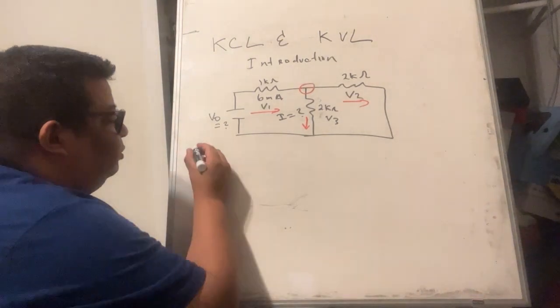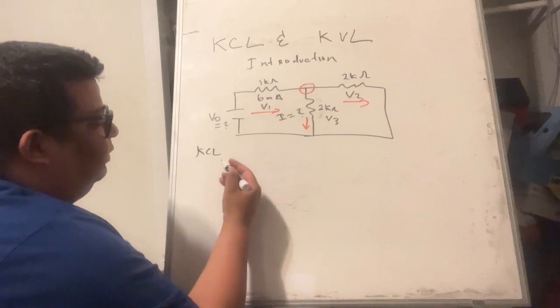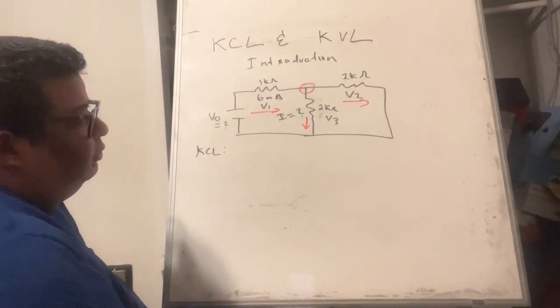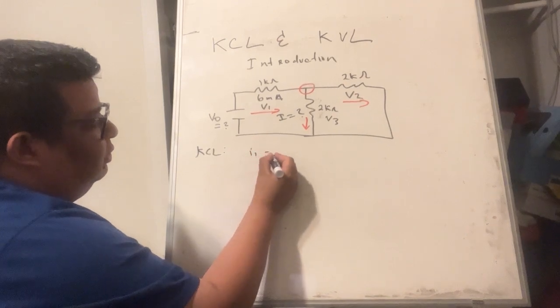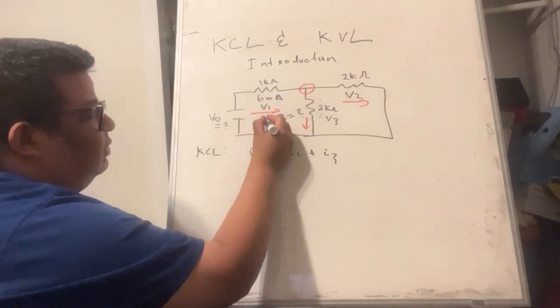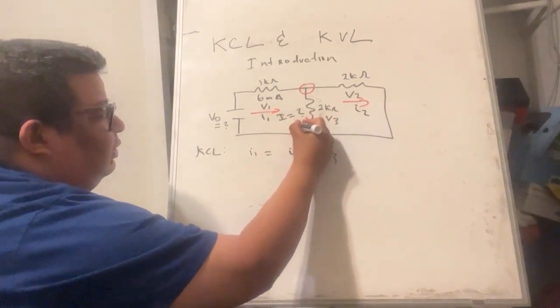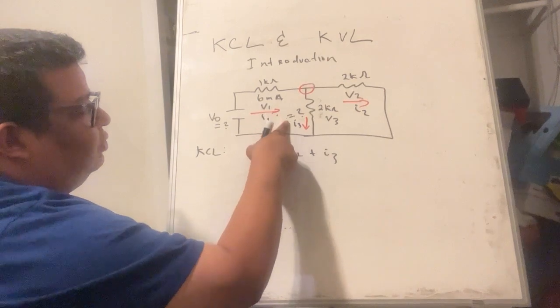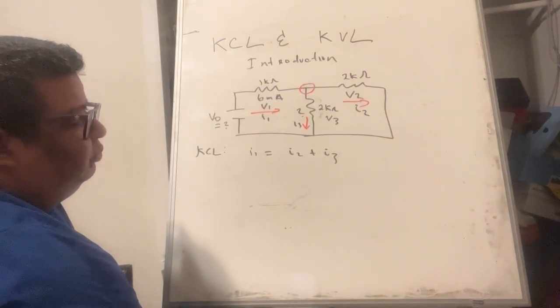Using Kirchhoff's current law, we can solve for I. It says that I1 is equal to I2 plus I3. We're calling it I, but let's call it I3 to make sense with Kirchhoff's law.